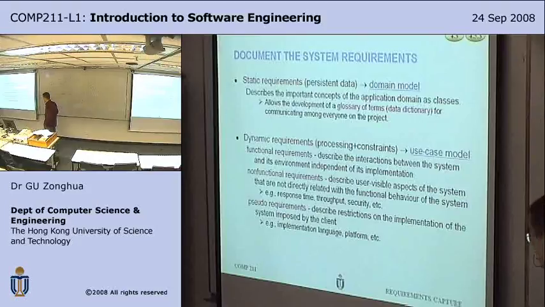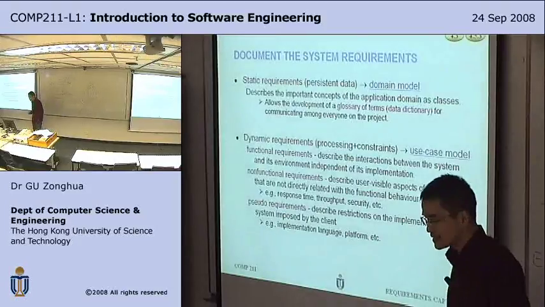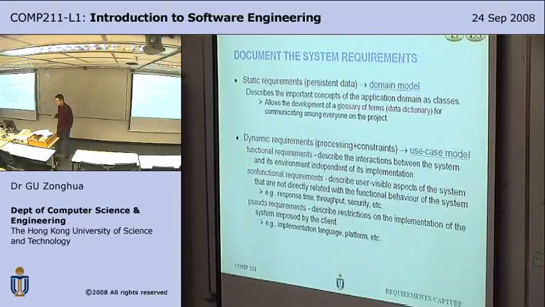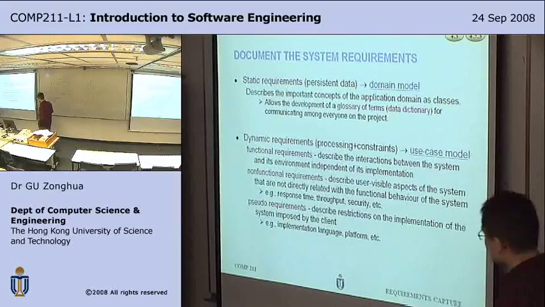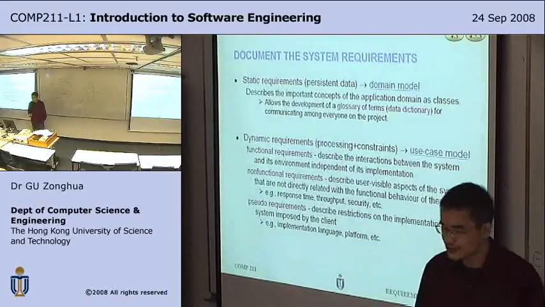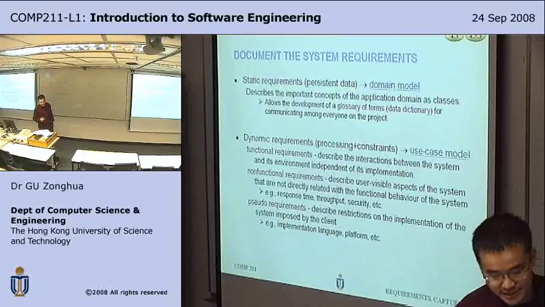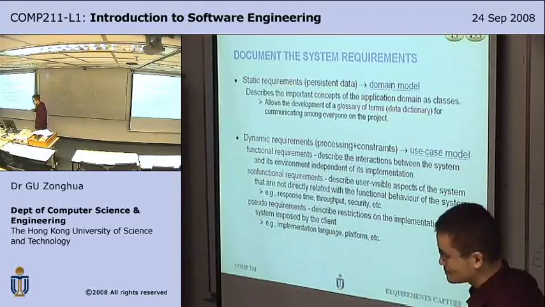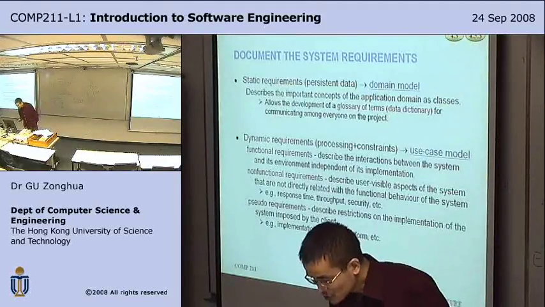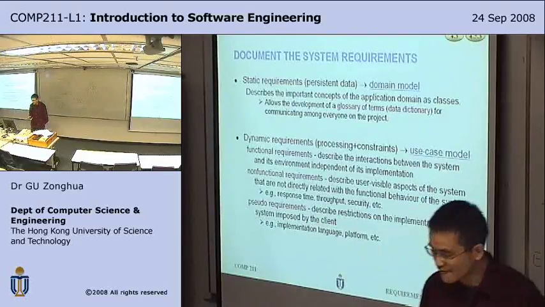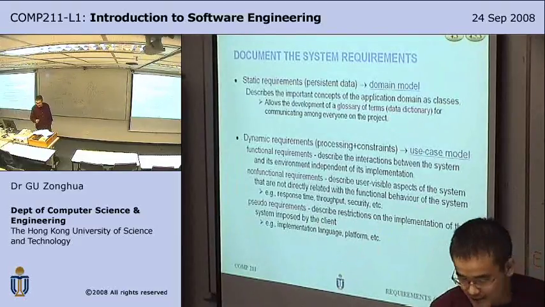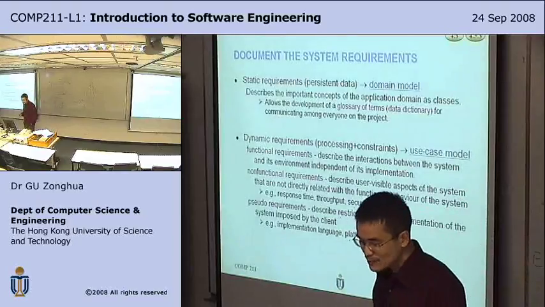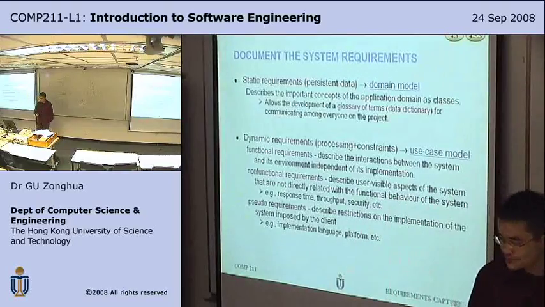For example, you may call a professor an instructor or a lecturer. But if you design your database model to call the class a professor, then you have a consistent term to use among everyone. Dynamic requirements include functional requirements, that is, the interactions between the system and its environment, independent of its implementation.